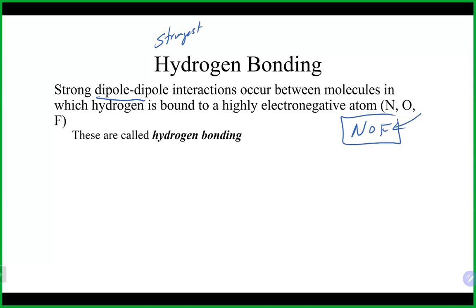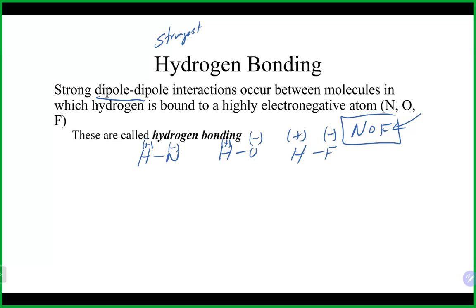And fluorine is the most electronegative element you could have. And in order for something to have the ability to hydrogen bond, it needs to be directly bound to a nitrogen, oxygen, or fluorine. So you have to have an H to an N, an H to an O, or an H to an F, with this one being more negative and this one being more positive in each of these cases.